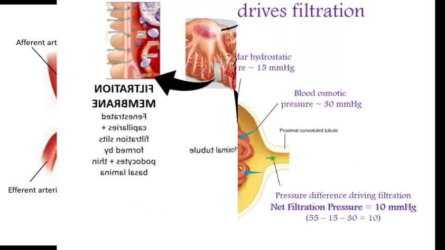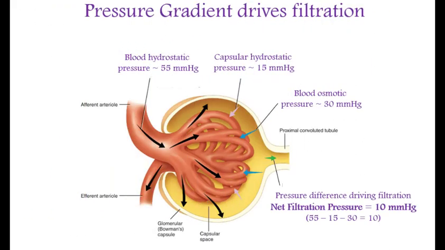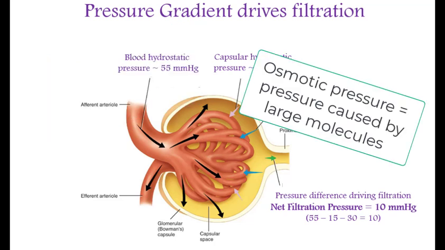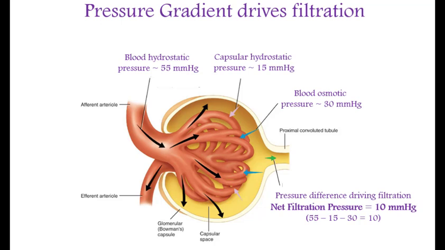Recall from previous videos that bulk flow in the capillary beds is the result of a pressure gradient. The hydrostatic pressure pushing fluids out of capillaries and the opposing osmotic pressure drawing fluids into the capillaries. Those same forces are at work here, except that instead of regular capillaries, here we have fenestrated capillaries, which allow much more exchange.